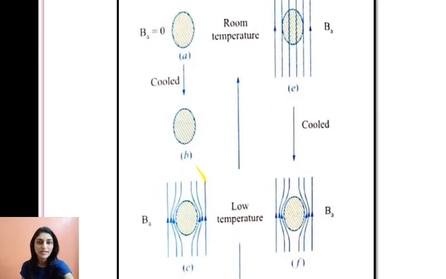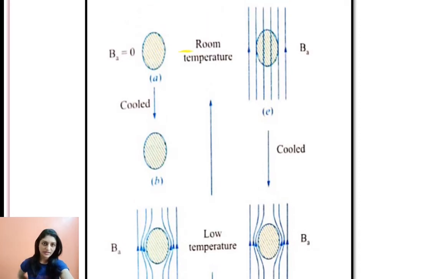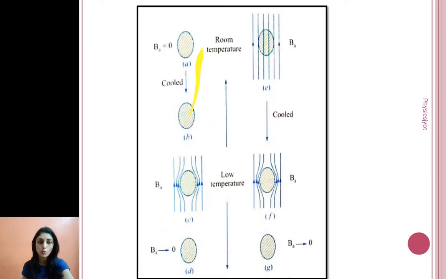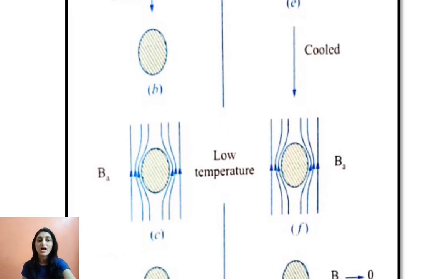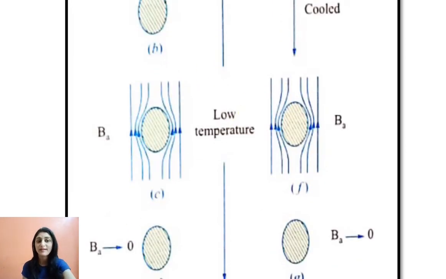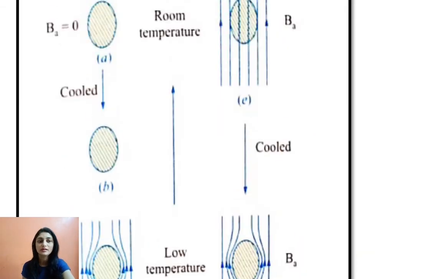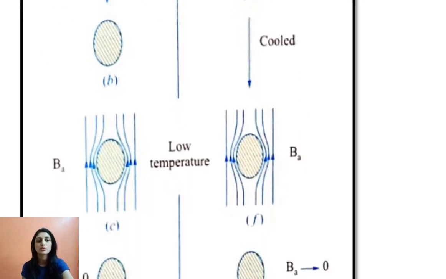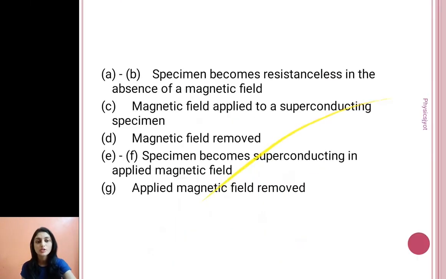Look at the figure. We have a superconductor where we haven't applied any magnetic field. It is cooled, and after that, at low temperature, we apply a magnetic field and then remove the magnetic field. In the other sequence, we apply the magnetic field and then cool, and the magnetic field is removed in figure E. So what is basically happening?